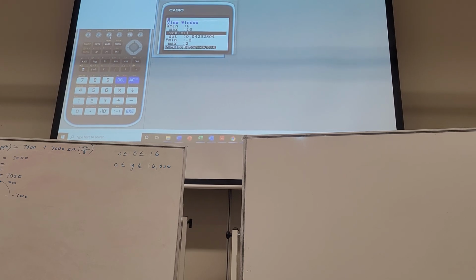And for y, we're going to go from 0 to 10,000. Beautiful. So it looks like it's got a period of 16 weeks, doesn't it? Time is on the x-axis, time is in weeks. So we're going to use this graph to answer all of the questions.